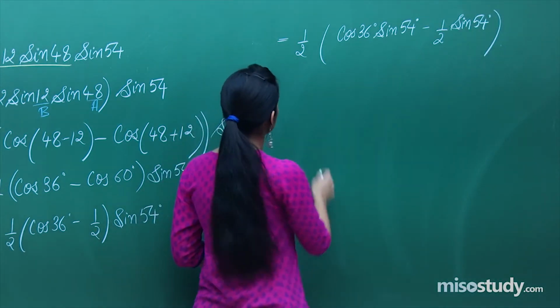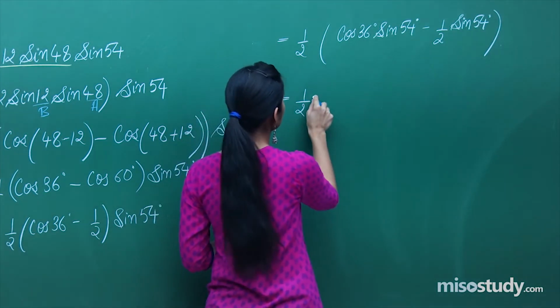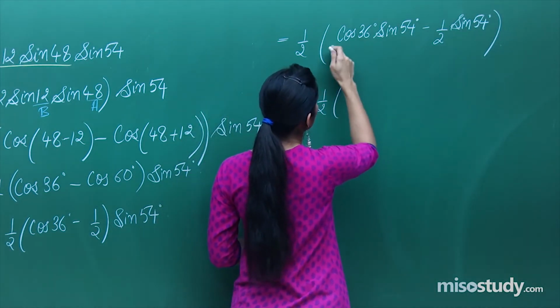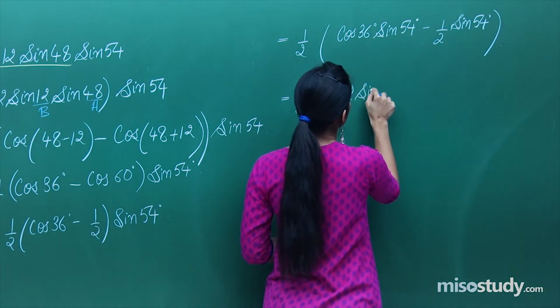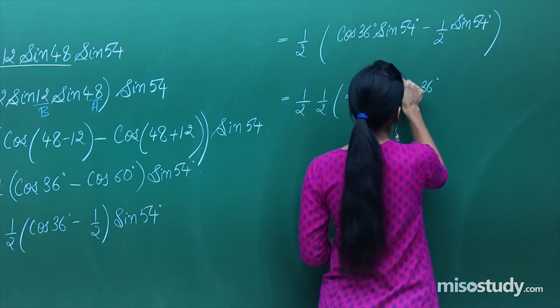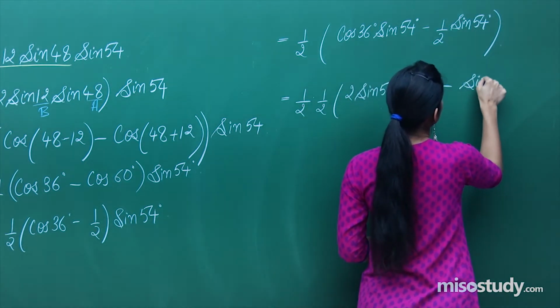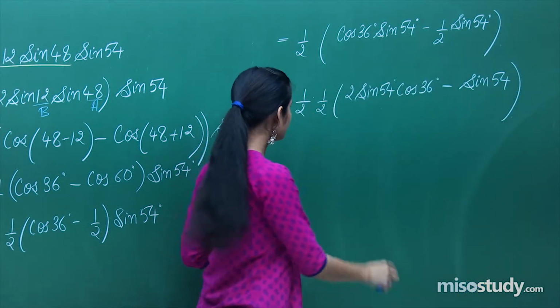Okay? Now see, if you multiply and divide by 2, you are going to get 1 by 2 here, 2 here and 2 here. 2 is going to cancel this 2. You will be having 2 sine 54 cos 36 minus sine 54. See what you're getting?